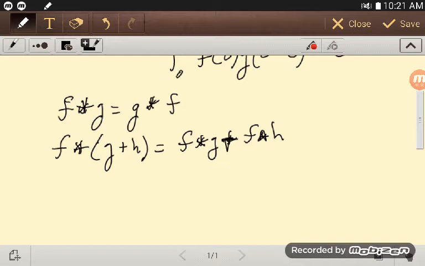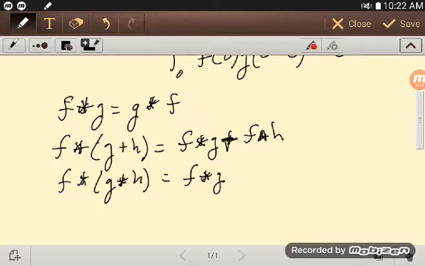It looks a lot like multiplication that way. For f star g star h, we could do the f star g first, so do that integral first, and then do the integral involving h. So all that stuff looks like multiplication.